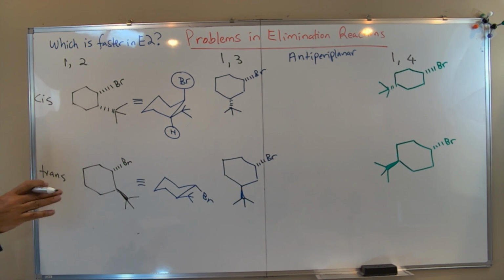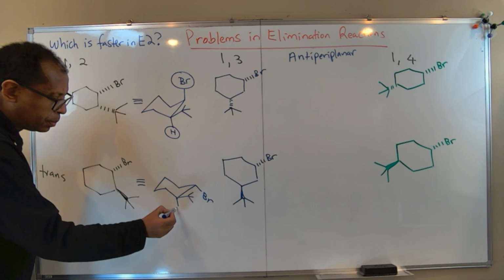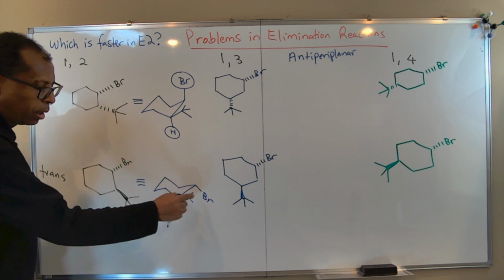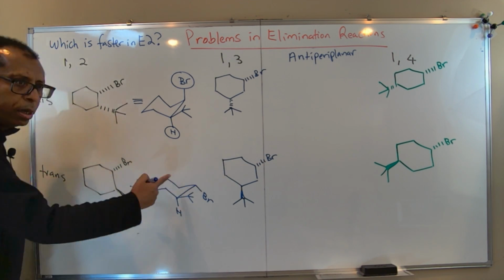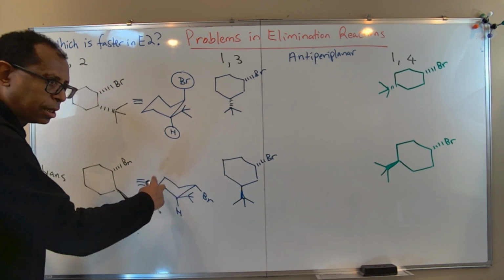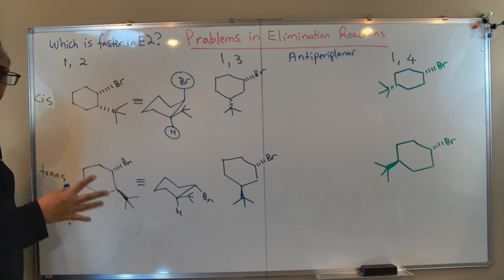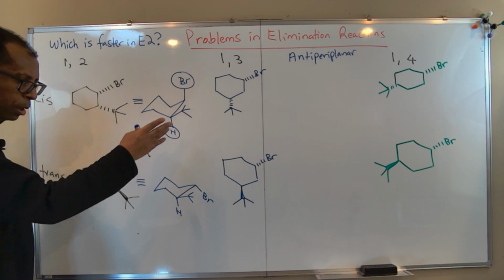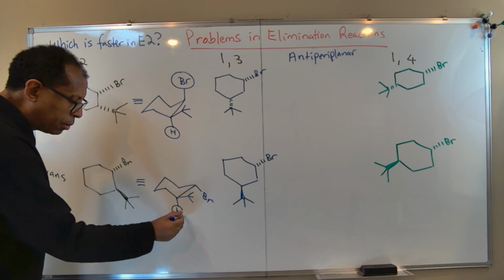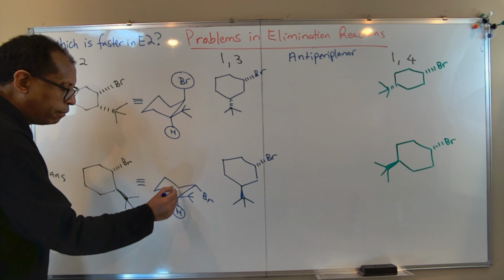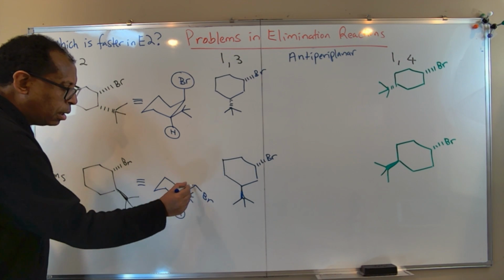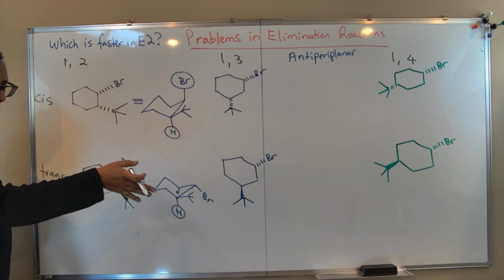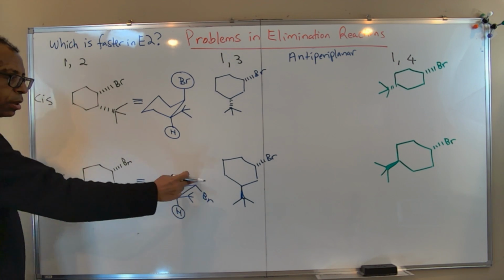Hence, if you just look at this hydrogen and that Br, they are not anti-periplanar. So this doesn't lead to a good elimination reaction, because you cannot have anti-periplanar between this hydrogen and the Br. Even this hydrogen here, the Br is not in 180 degrees to this.